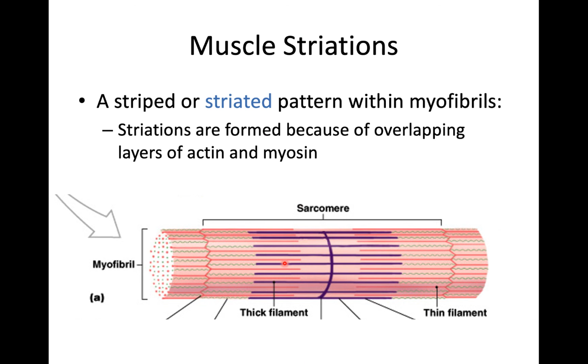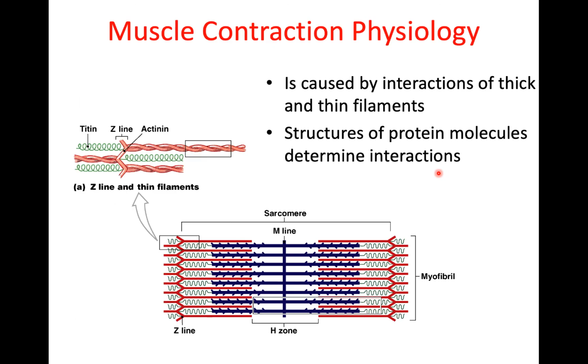I'm going to skip this slide because we already went over muscle striations. It is the overlapping actin-myosin patterns. And then this slide just repeats the contraction physiology of you causing a contraction to happen voluntarily in a skeletal muscle, and that signals the sarcomere to squish in towards the M-line and become shorter. So this Z-line connected to all of its actins slides into the middle.